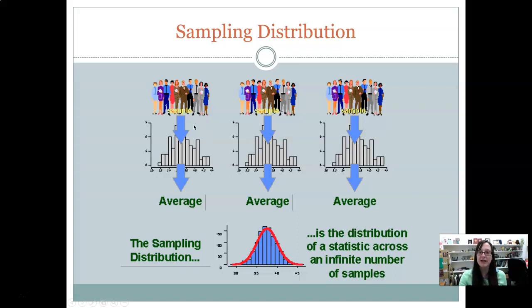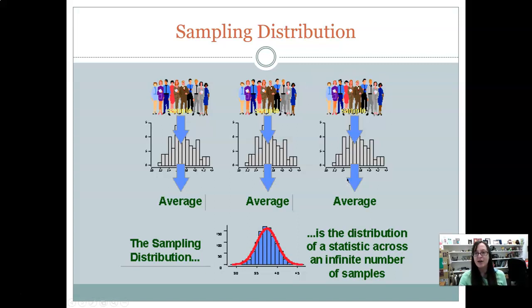So basically, we take one sample, and let's say we're looking at height, to make it easy. We get everybody's height from this sample, we plot it, and we come up with the average height. All right, go back to the drawing board, draw a completely different sample, get everybody's height in this completely different sample, plot it out, find your average. Let's go back again, draw a completely different sample from the population, get everybody's height, and find the average from that sample.